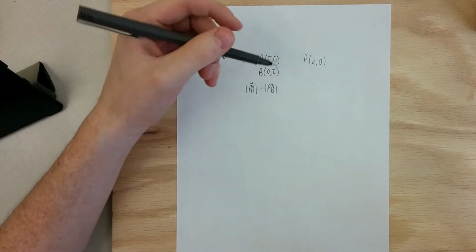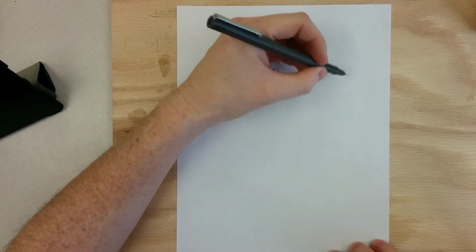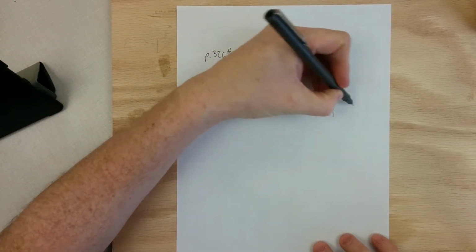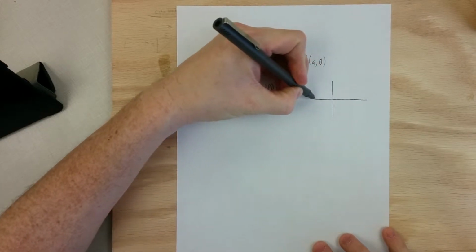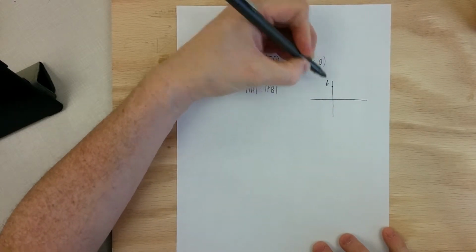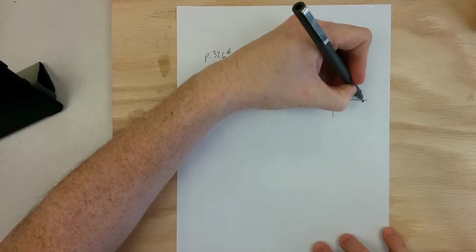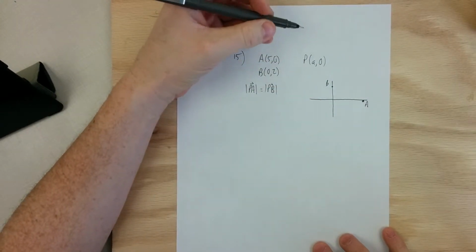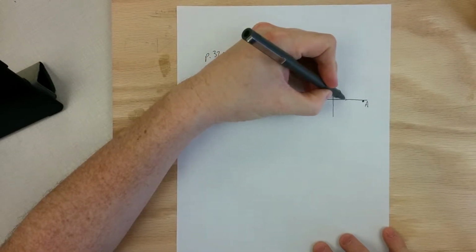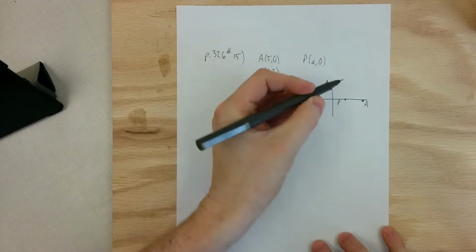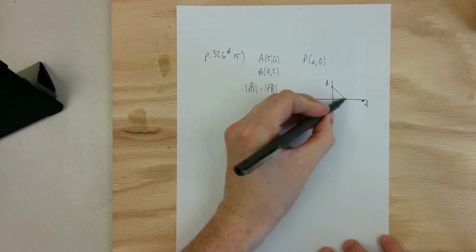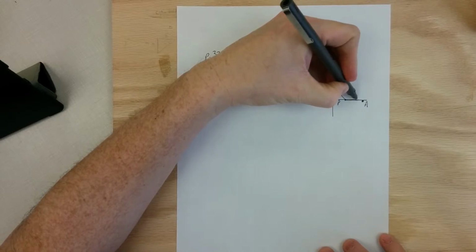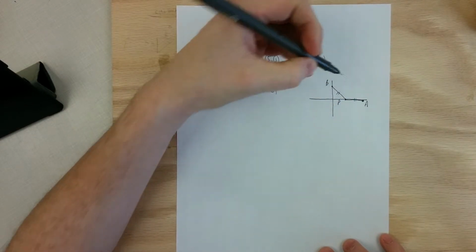So what I'll do first, I'll just do a little sketch of this so we can visualize. So here is the point B, and then say over here is the point A. So there would have to exist some point P over here such that that length is the same as that length.